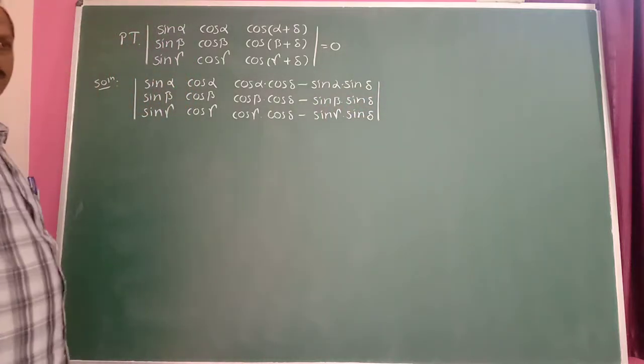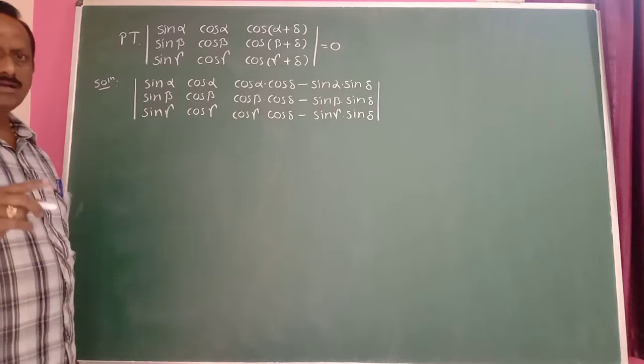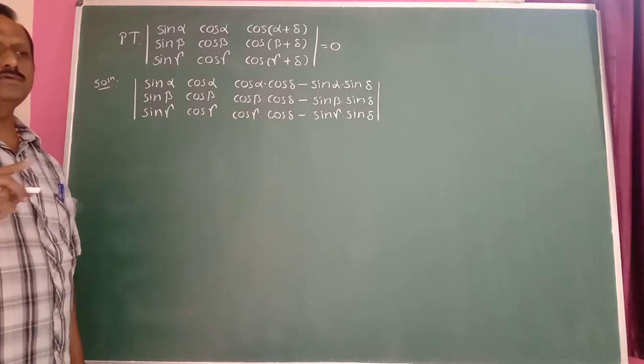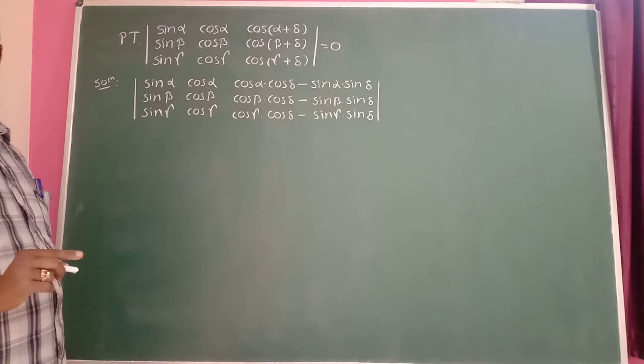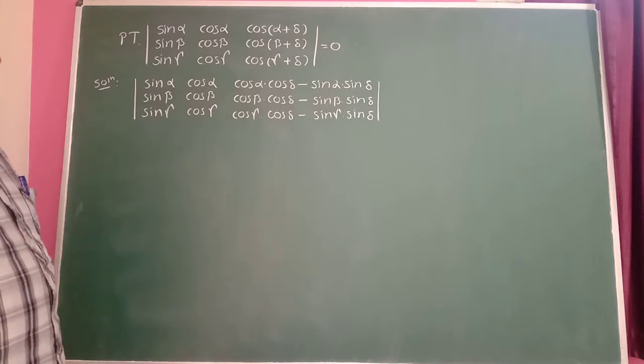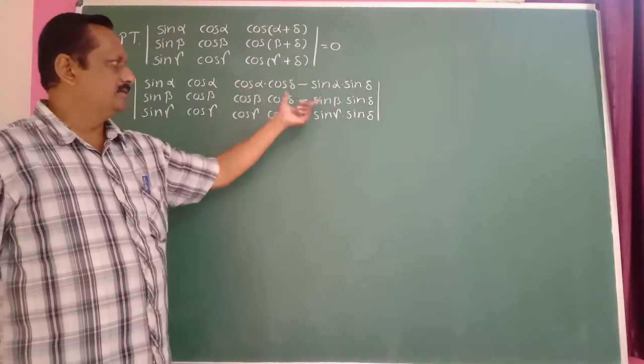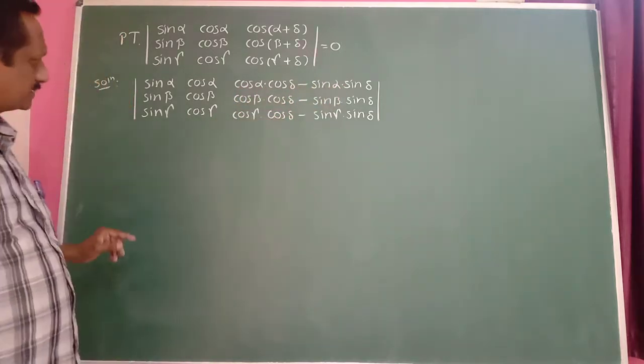Then there is a property here. If any row or any column elements are a sum of two terms, in that case you can express it as a sum of two determinants. Even subtraction also works here.